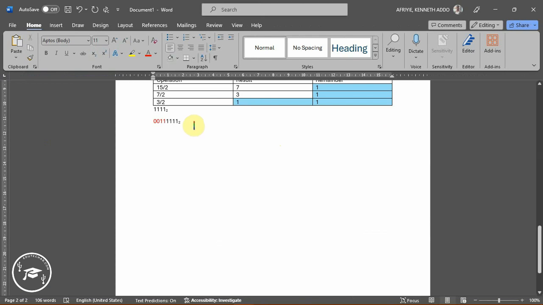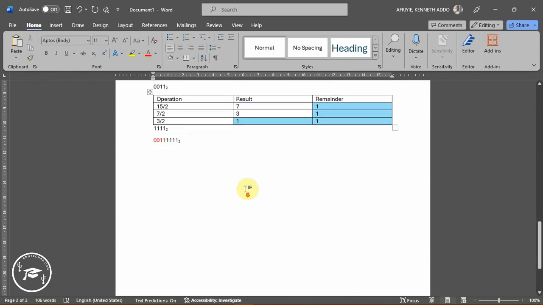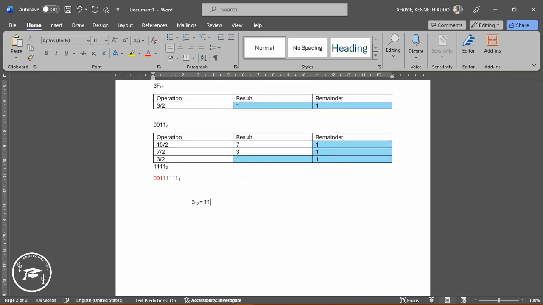We have to convert 3 and 2 into binary. We've already done 3 here: 3 base 10 into binary is 1, 1. What about 2? 2 base 10 into binary is 0, 1.